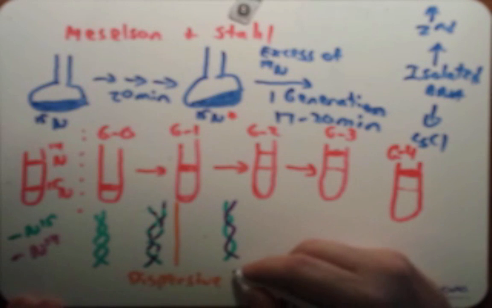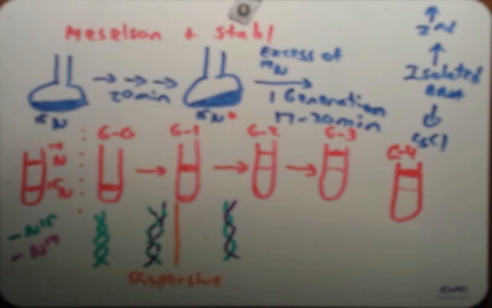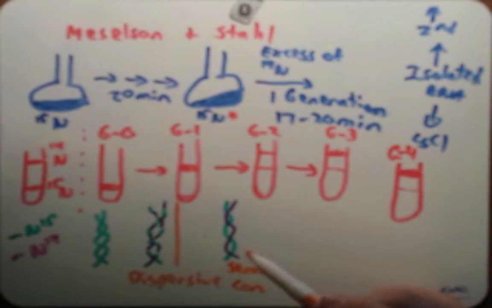And so this was the semi-conservative model. And so if this were true, you would expect each of the new molecules to be half N14 and half N15. And so they should migrate in between 15 and 14, and that's what we see. So at the end of the first generation, we can be confident that it's either the dispersive model or the semi-conservative model. Now let's look at G2.